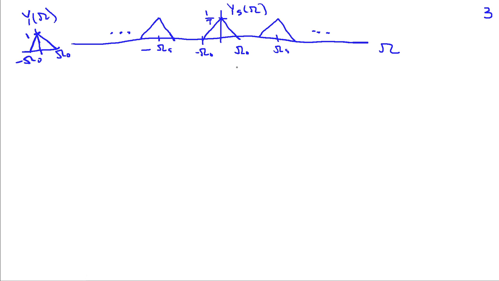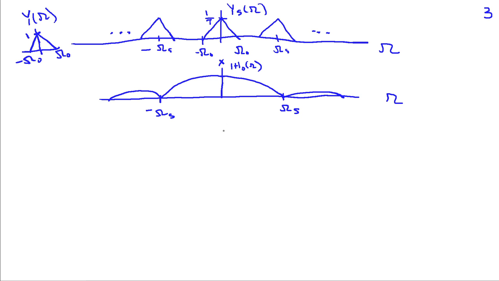What we do when we do the zero-order hold is equivalent to taking this signal and multiplying by h0 of omega. Now h0 is complex, so I'm going to draw the magnitude and the phase. The magnitude of h0 of omega is the magnitude of a sinc function, and the zero crossings occur at omega sub s.